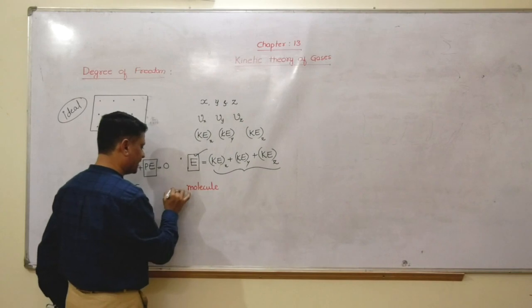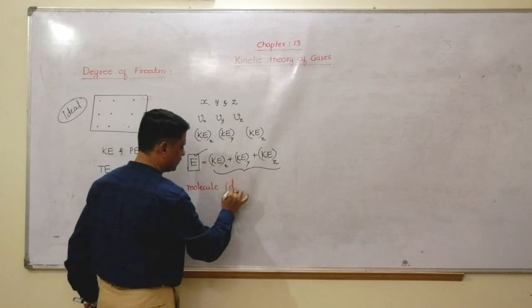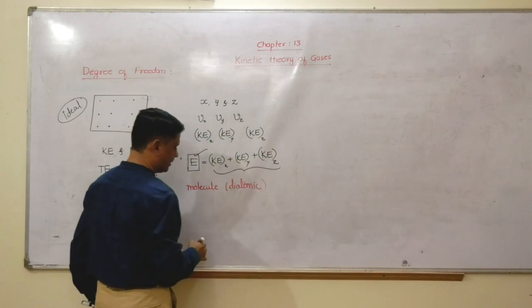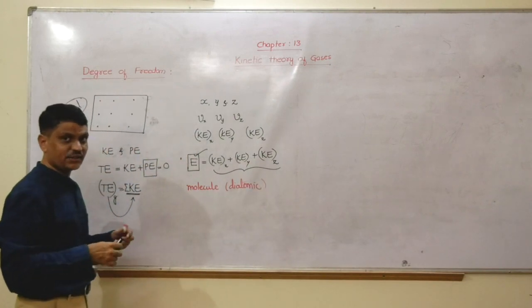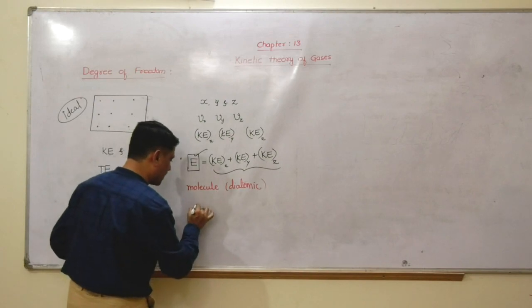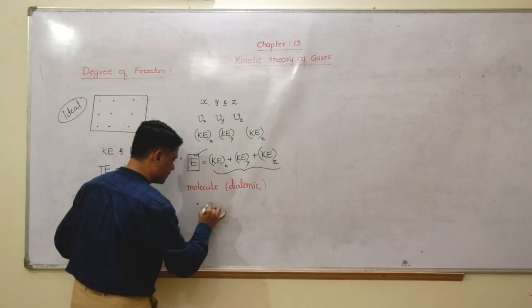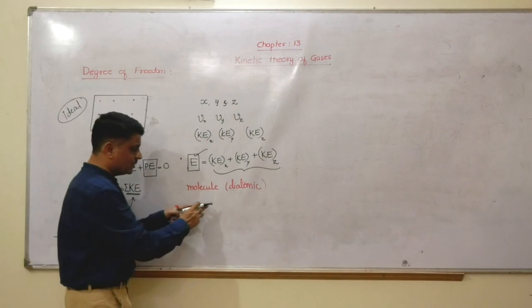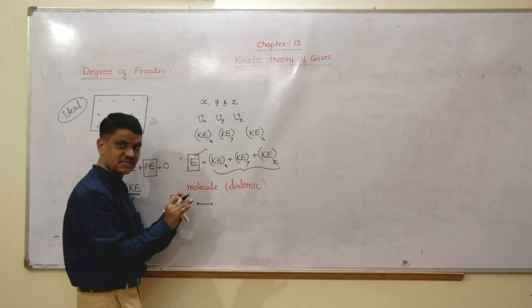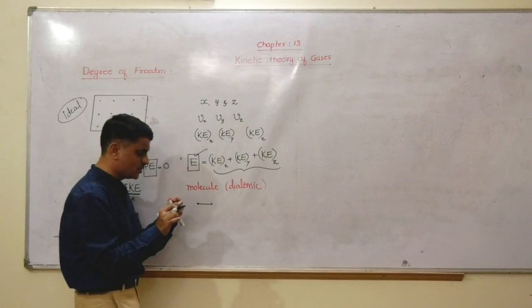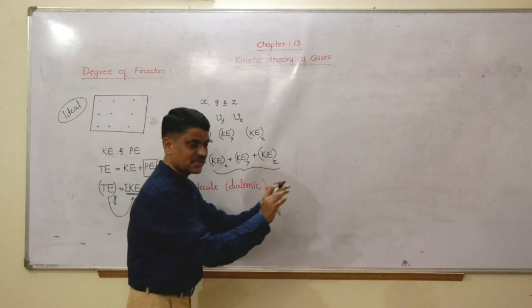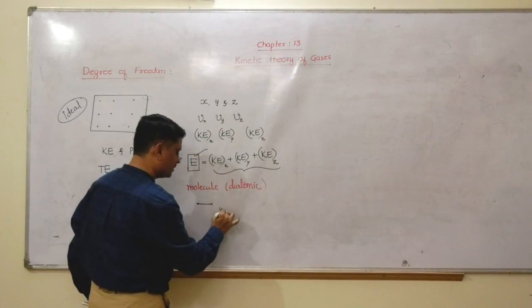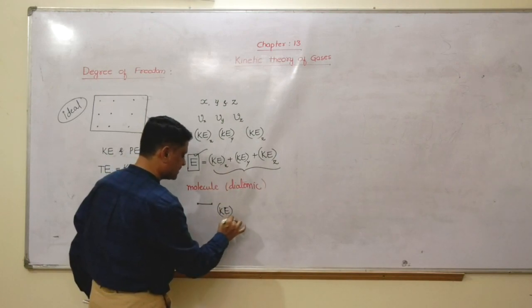say it is a diatomic molecule. So you know a diatomic molecule has 2 atoms like this. So in space, these 2 atoms together move along the x-axis, means it has kinetic energy along the x-axis.